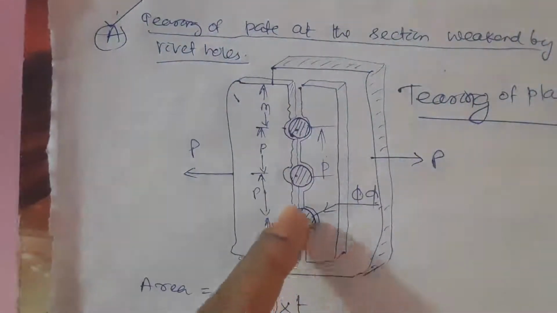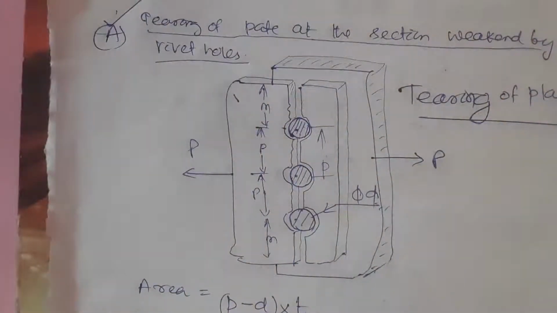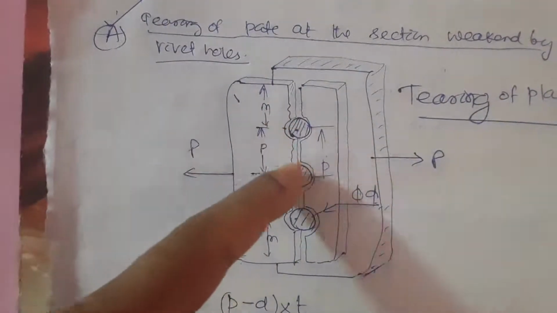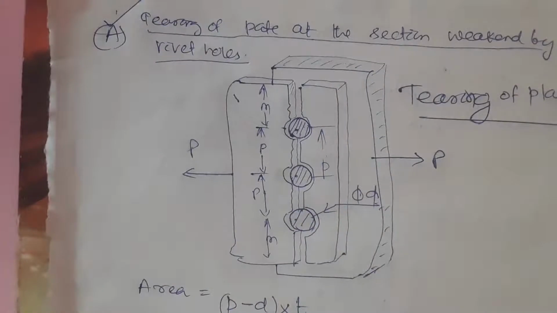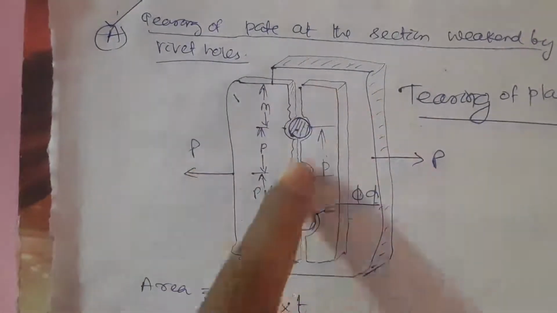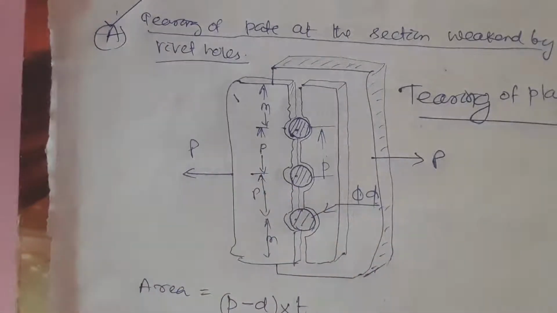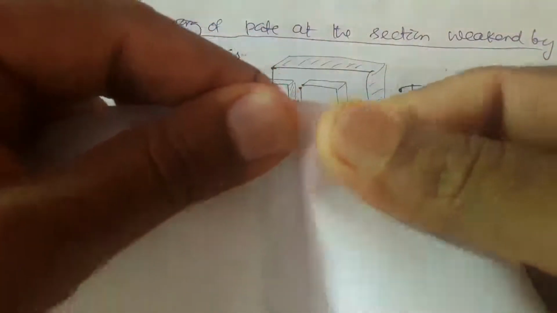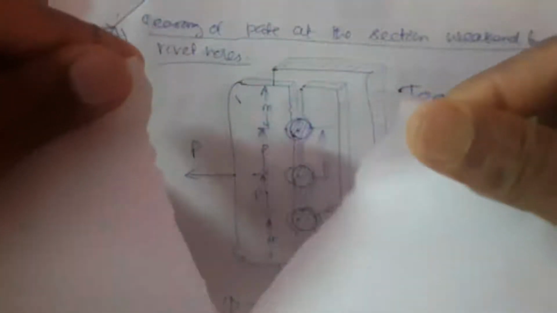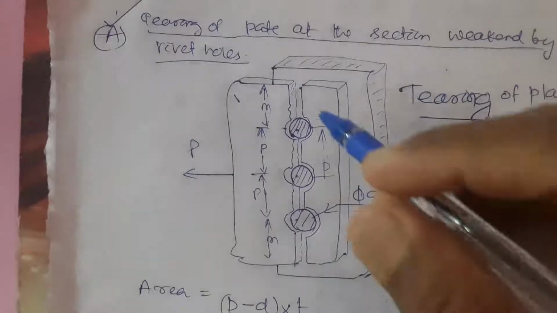If this is the rivet line on which several rivets are placed on the plates, we make holes to do the riveting, and the plates get weakened. This is the section about which the tearing of the plate takes place. I told you tearing means it is just like tearing, just like this it will happen.